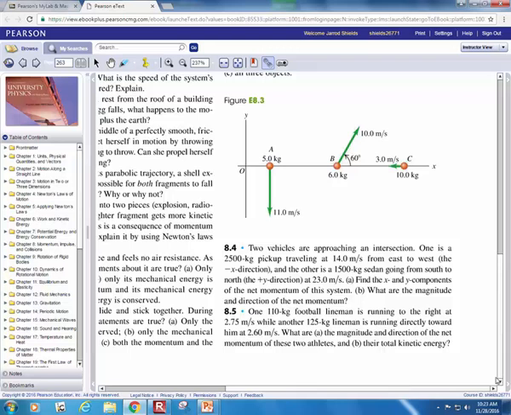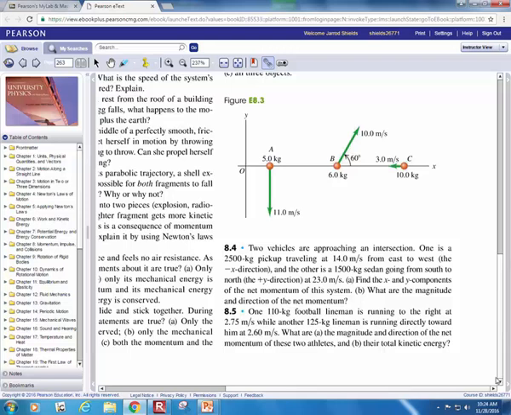So your numerical answer all depends on how you subtract it. If you subtract it from 90, you'll still get what they say in the book. But again, I don't want you doing it that way. Subtract from the positive x-axis and then give your final answer.